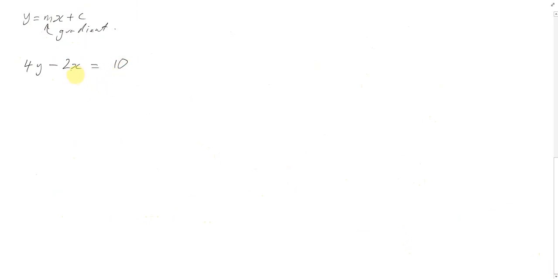And you're like, hang on, this isn't in the same sort of arrangement, the same sort of form as this one here. So if the question is find the gradient, we first need to rearrange so that it looks like this. In other words, we need to make y the subject.